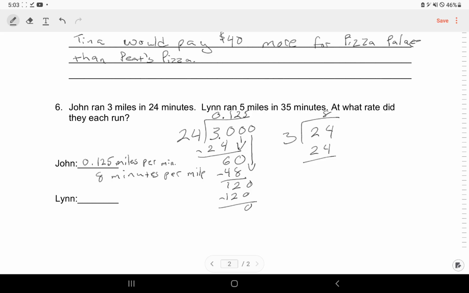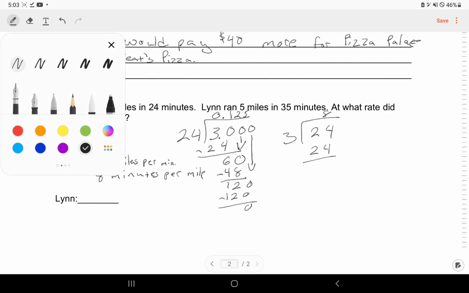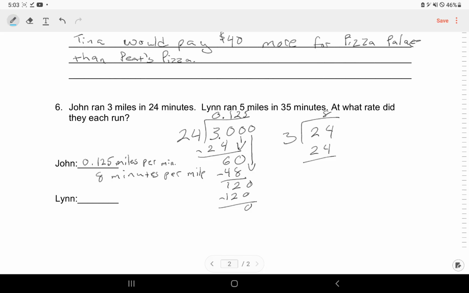And so for Lynn, same idea. So let's pick a color for Lynn. Let's go with that one. And so that would be 5 divided by 35, well, 0.0. Goes into there once with 15.